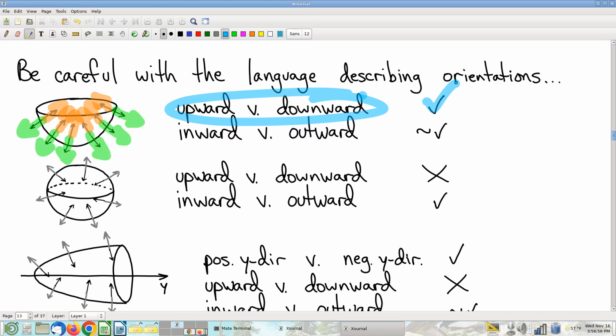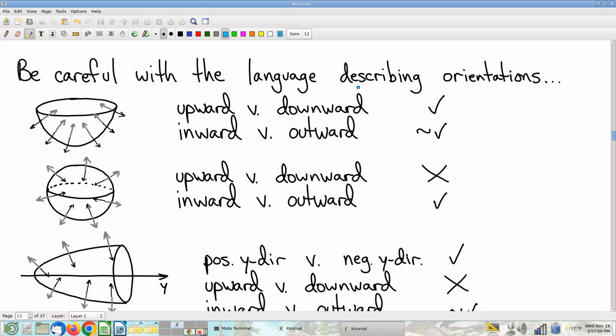Okay. All right. So with that in mind, there's a couple other cases to think about. If you're looking at a sphere, right, you can't say upward versus downward. It just doesn't work at all. Let's see here. This orientation here, some of the vectors are upward. And some of the vectors are not upward. So is upward a fair description of that green orientation? Not really.